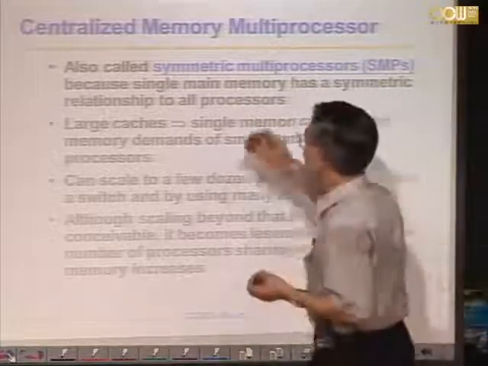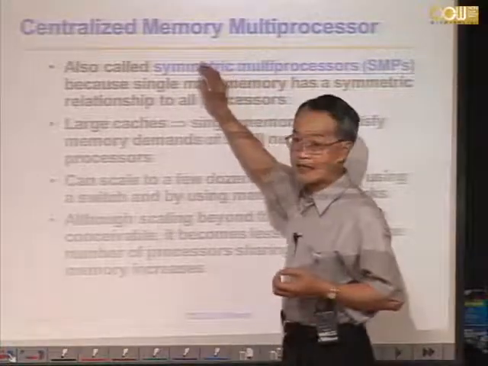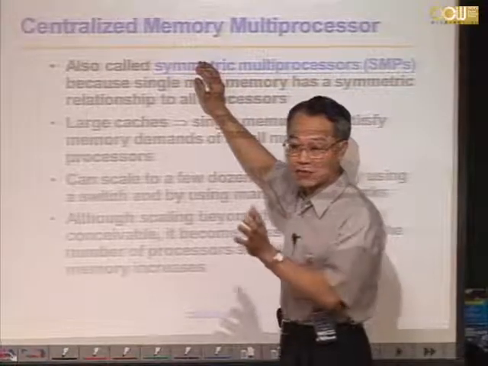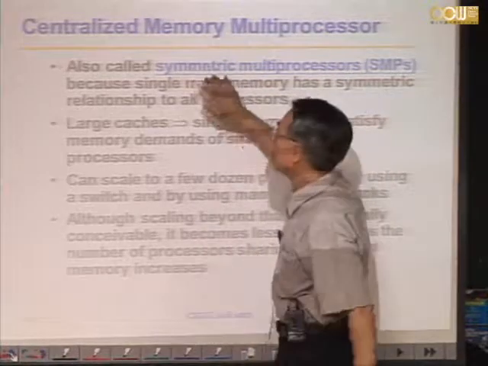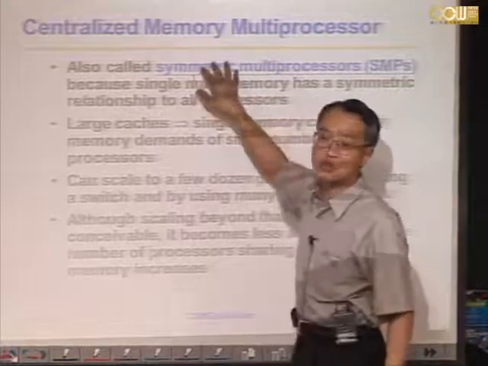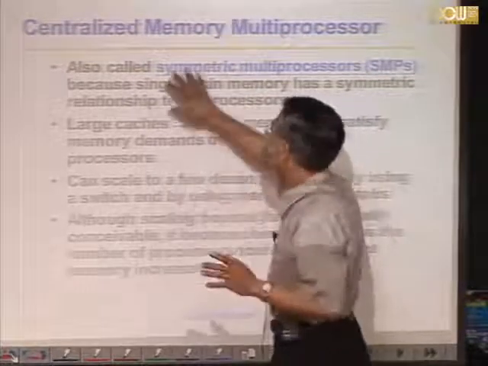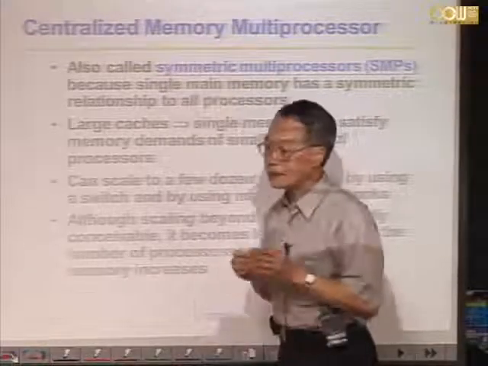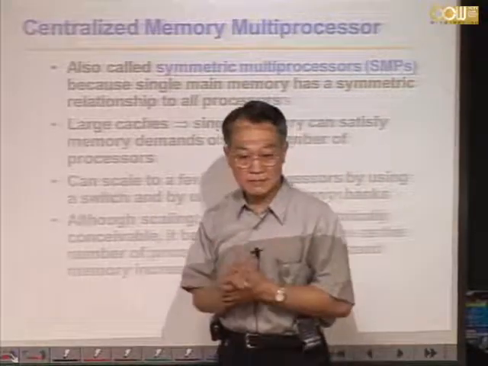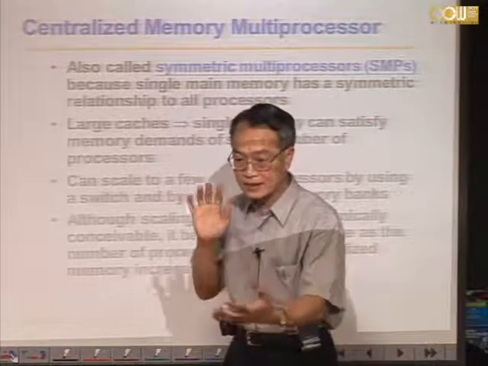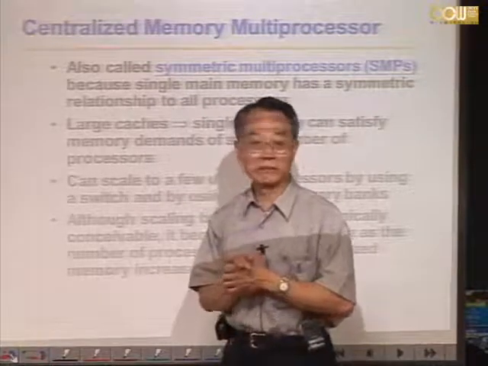In other words, no one is the master of any others. All are of the same role. And all have the same distance to any memory module. You see, it has to be symmetric in all aspects, not just the memory processor distance relationship.